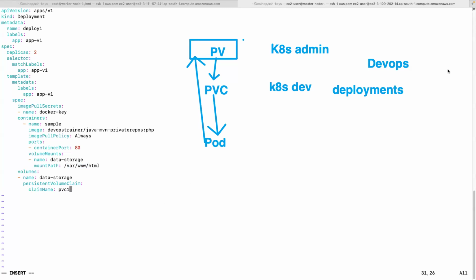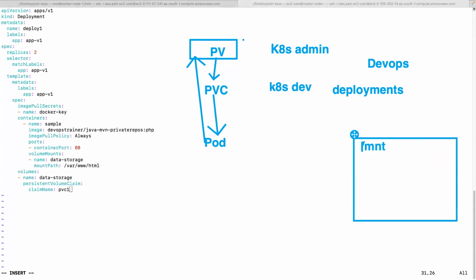Right? Let me put it diagrammatically. This is the EC2 instance. On the EC2 instance, on the worker node, you have the volume here that should be mapped. This is the pod, container. Inside this you have var www html. Now this path is mapped to this.